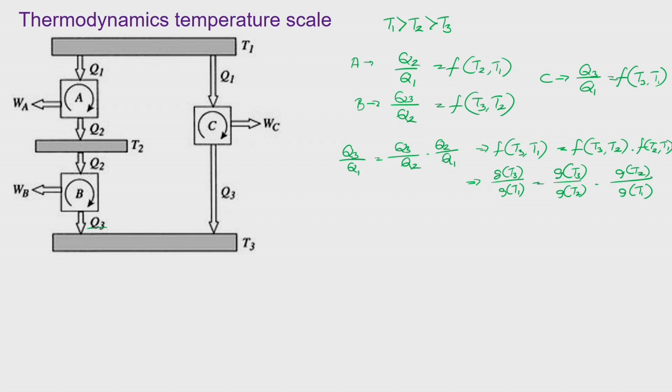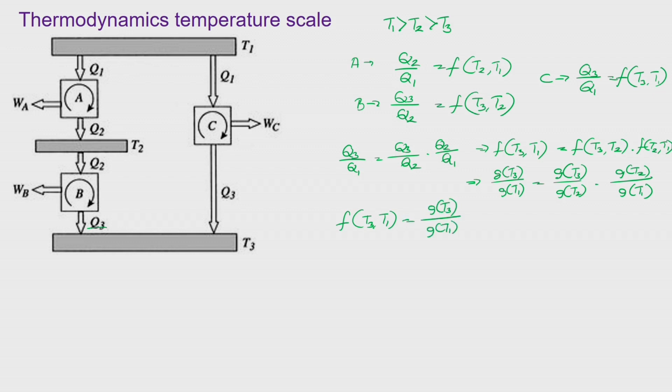Only if f has a functional form like this, that is, the numerator is a sole function of T3 and the denominator is a sole function of T1, or in more formal terms, the numerator is a sole function of the lower temperature and the denominator is a sole function of the higher temperature, then only this is possible. So, we know that now f of T3 T1 is equal to g of T3 by g of T1.